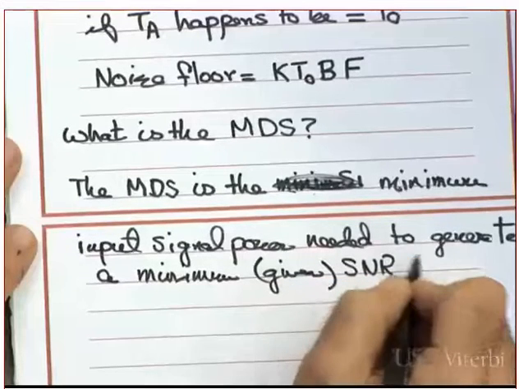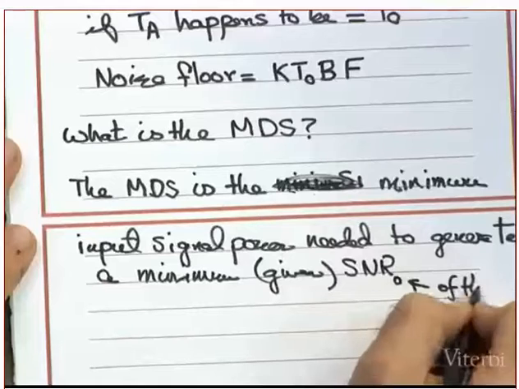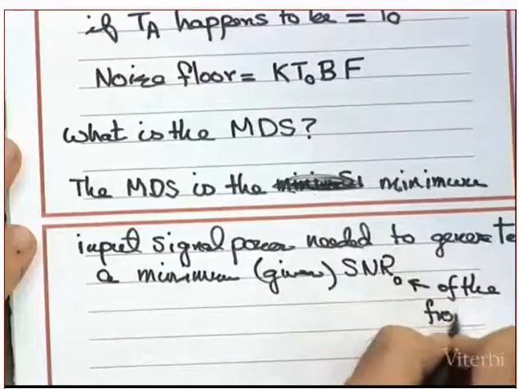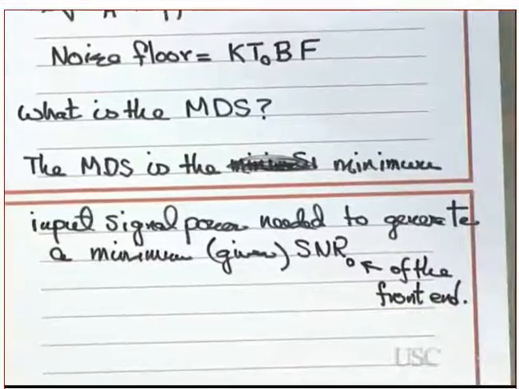Output of what? The output of the front end. My English is so terrible. Clear so far? Yes or no?